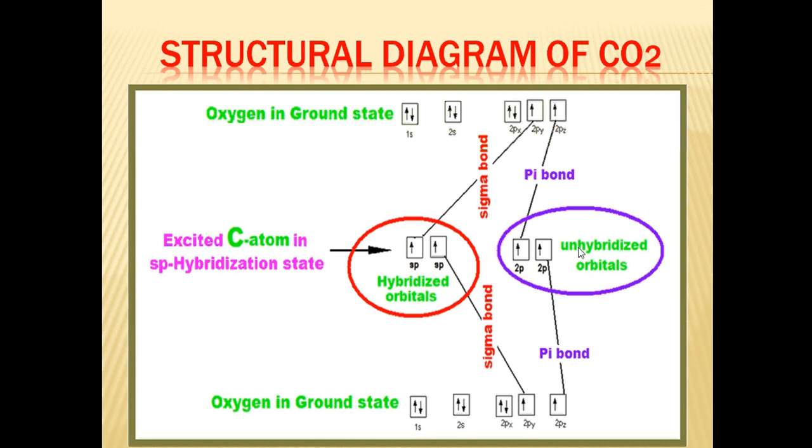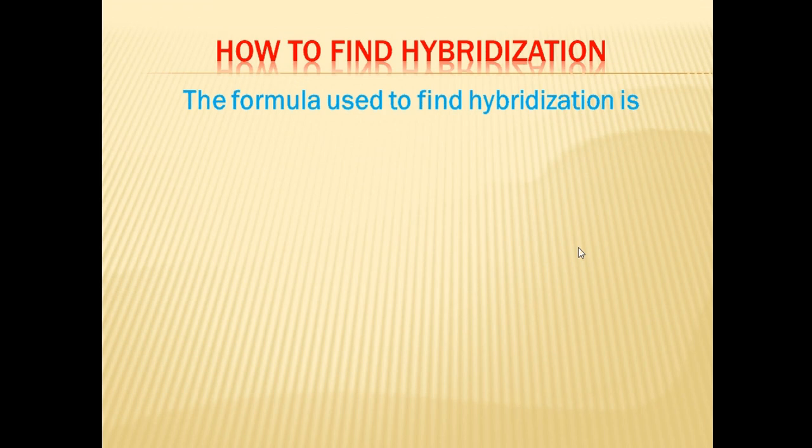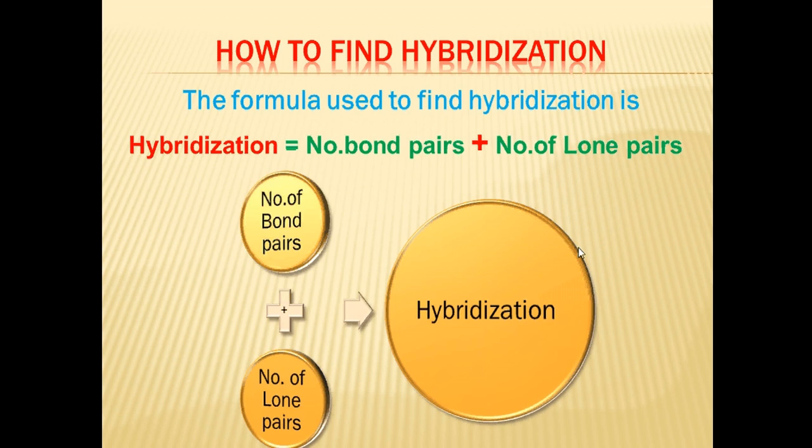Let's start to discuss the process of finding the type of hybridization in compounds. The formula used for this purpose is hybridization is equal to number of bond pairs plus number of lone pairs.